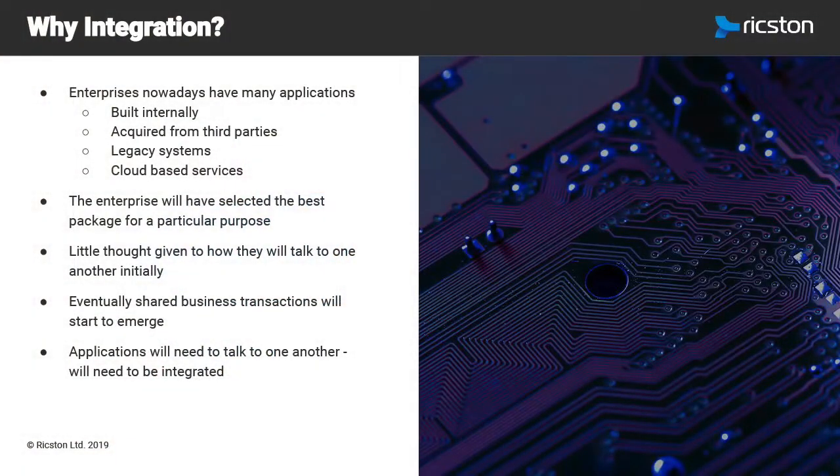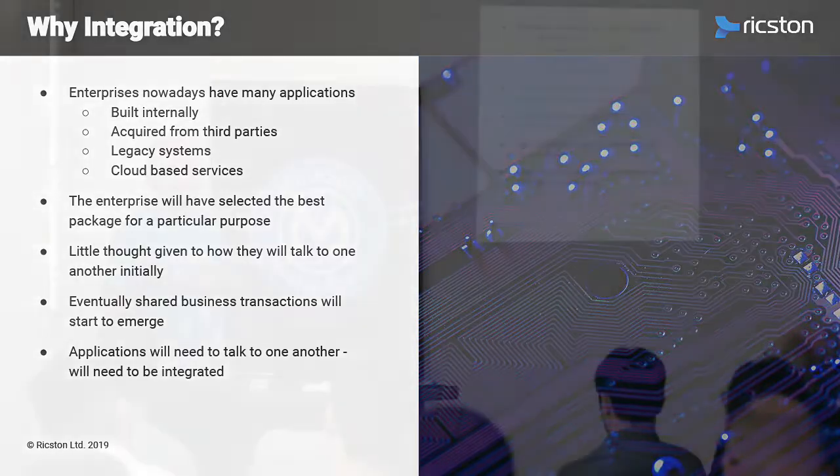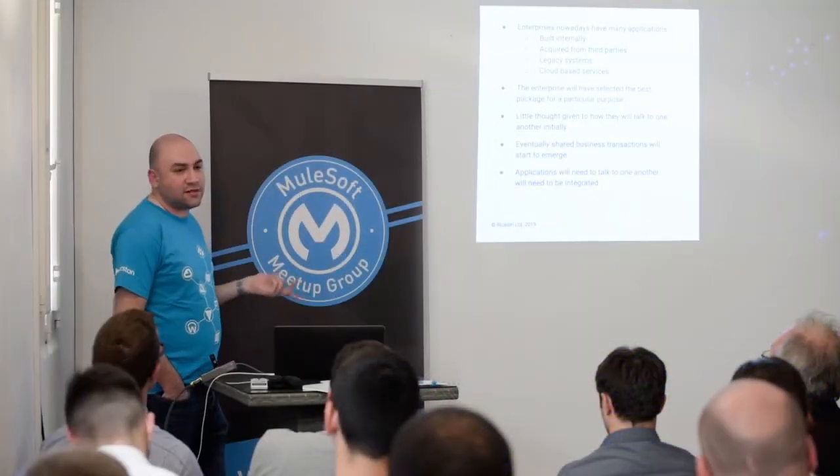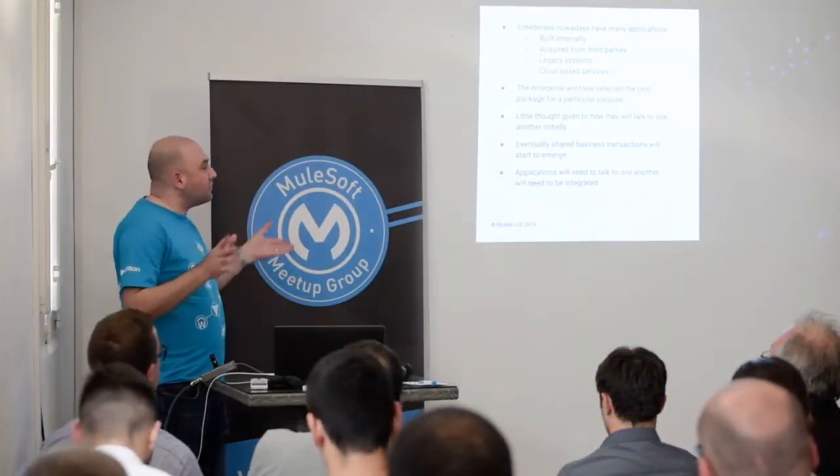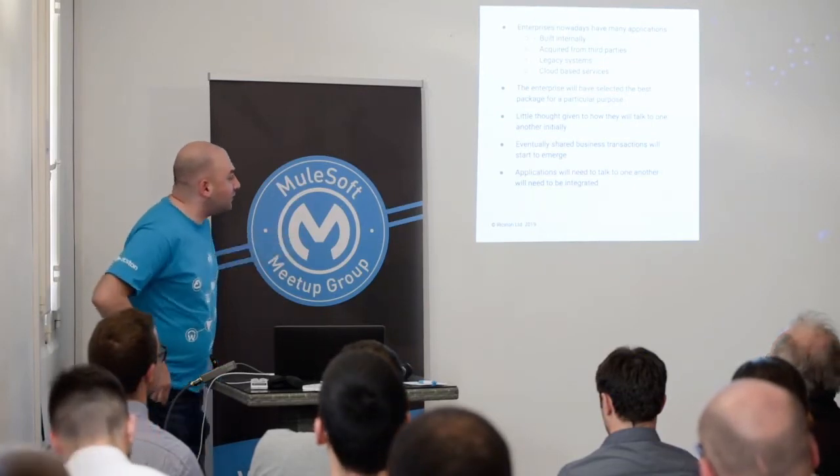Obviously, when choosing these systems, they will have chosen them for a particular business purpose, right? That's the system which actually solves a particular business problem. And very little attention is usually given to how these systems will talk to one another. That's the basic setup within an enterprise often.